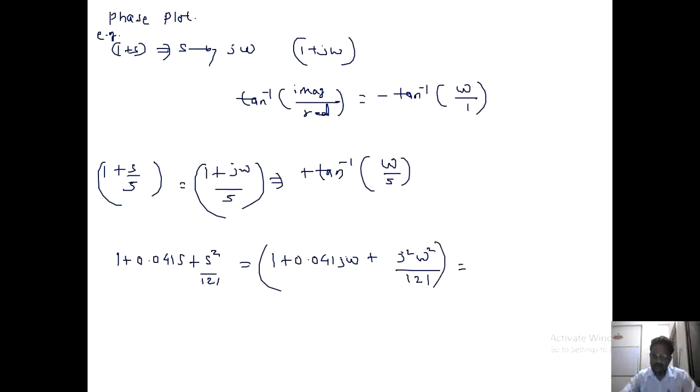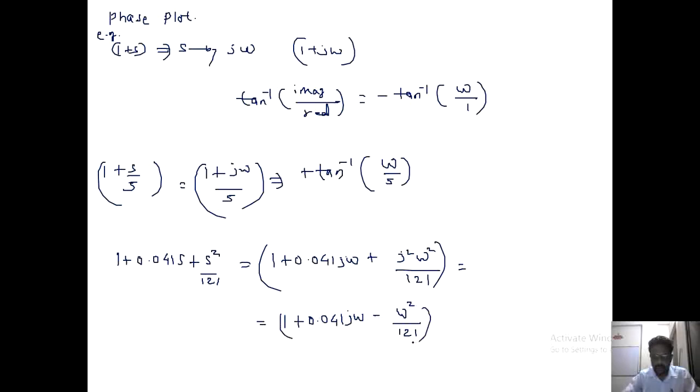Now what is j? j is under root minus 1, so j square will be minus 1. So if we put j square equal to minus 1, this bracket will be 1 plus 0.041 j omega minus omega square by 121. Got it?